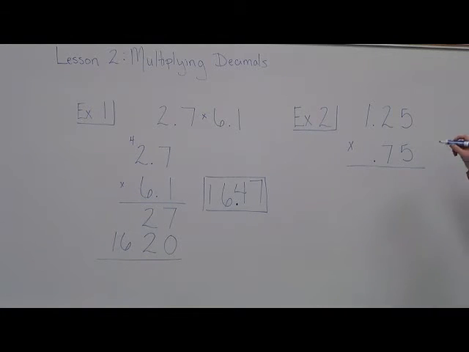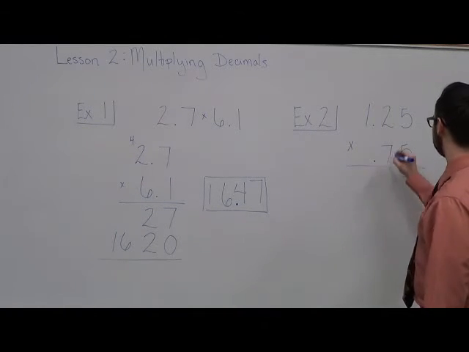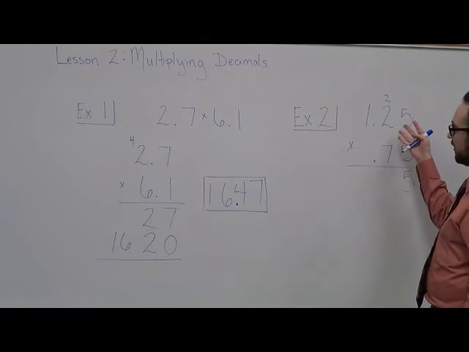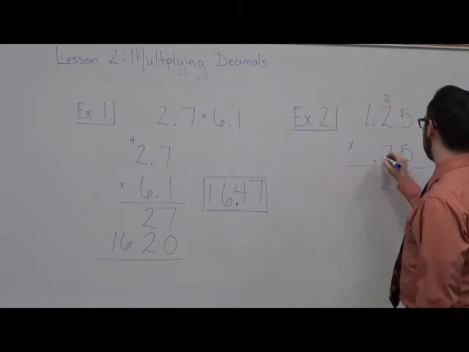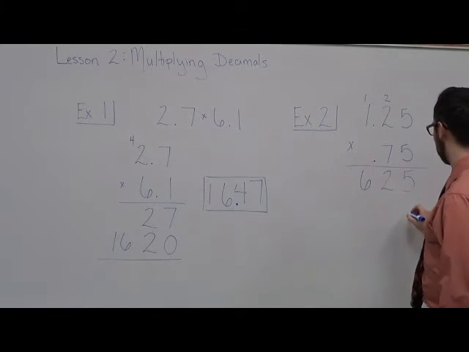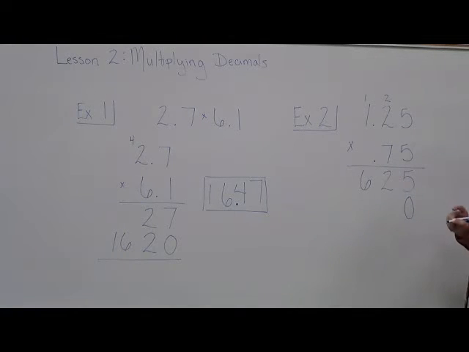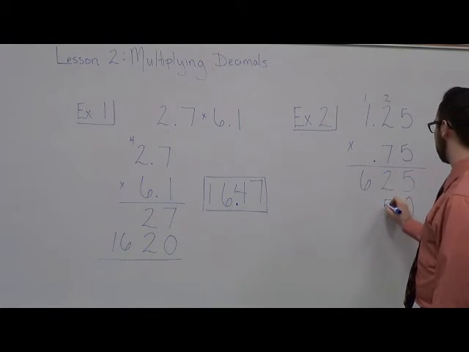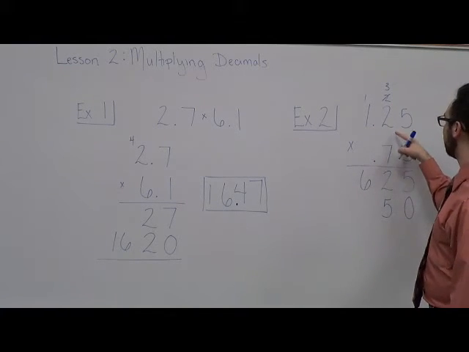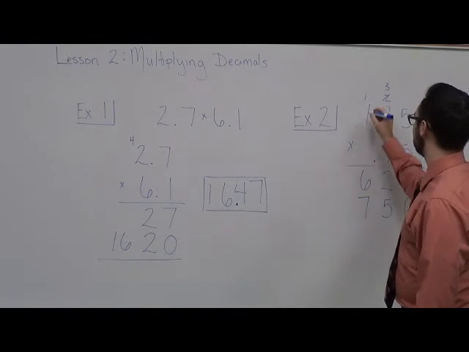We have 5 times 5 is 25. Carry my 2. 5 times 2 is 10, plus 2 is 12. Carry the 1. 5 times 1 is 5, plus 1 is 6. Again, put the 0 as a placeholder. 7 times 5 is 35. Carry the 3. 7 times 2 is 14, plus 3 is 17.